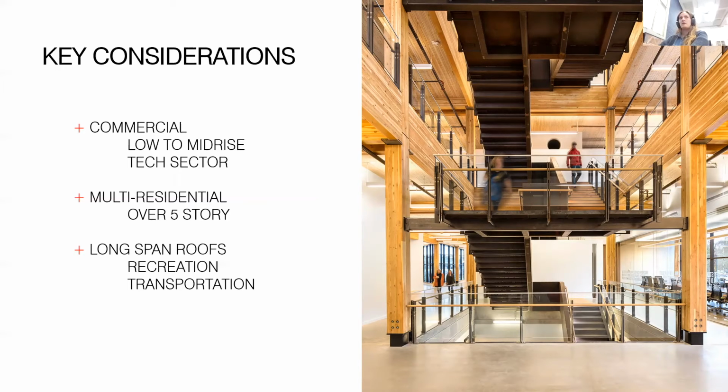That one is multi-residential use where the idea is that the developer is really looking for a premium on cost to have exposed mass timber in their units. And then long span roofs, or even just the roofs that I was showing where you have a feature roof. This is really popular in recreation spaces, transportation spaces, and other places with feature roofs, airports, etc.